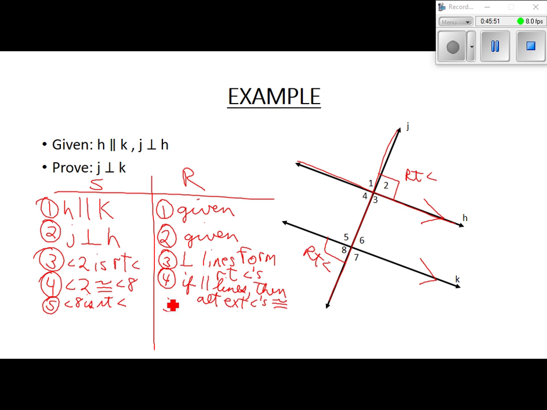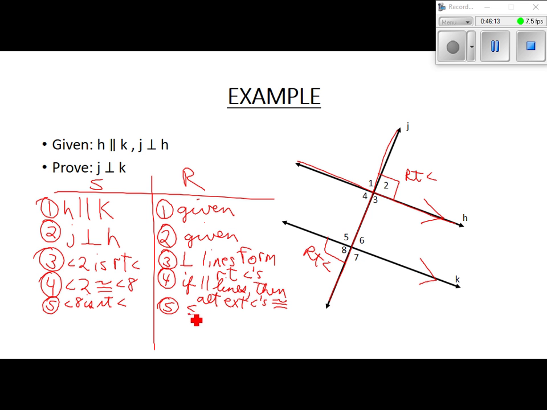We already used that the lines are parallel. What did we say right here? Angle 2 is a right angle. We know angle 2 is congruent to angle 8, so angle 8 has to be a right angle for those two to be congruent. Give me a reason. What did we sort of use there? Substitution.